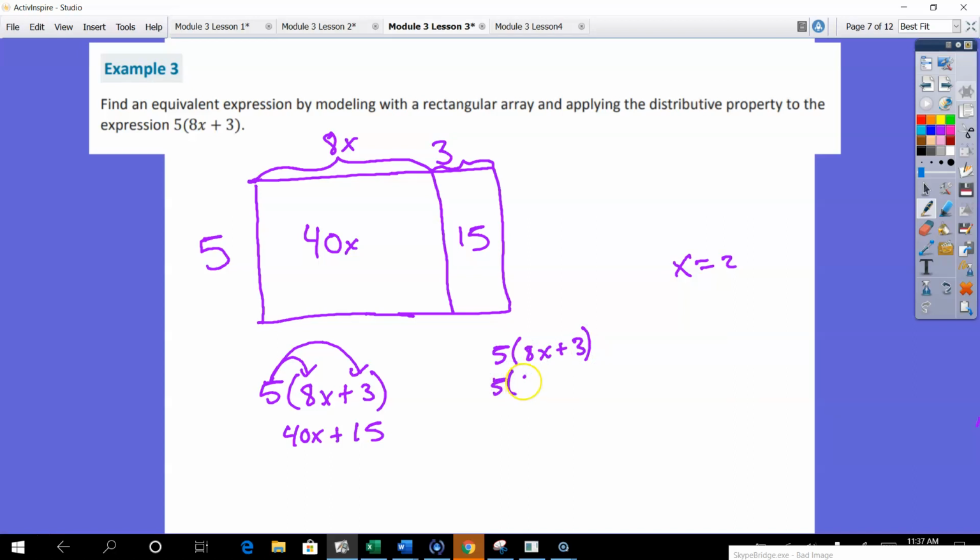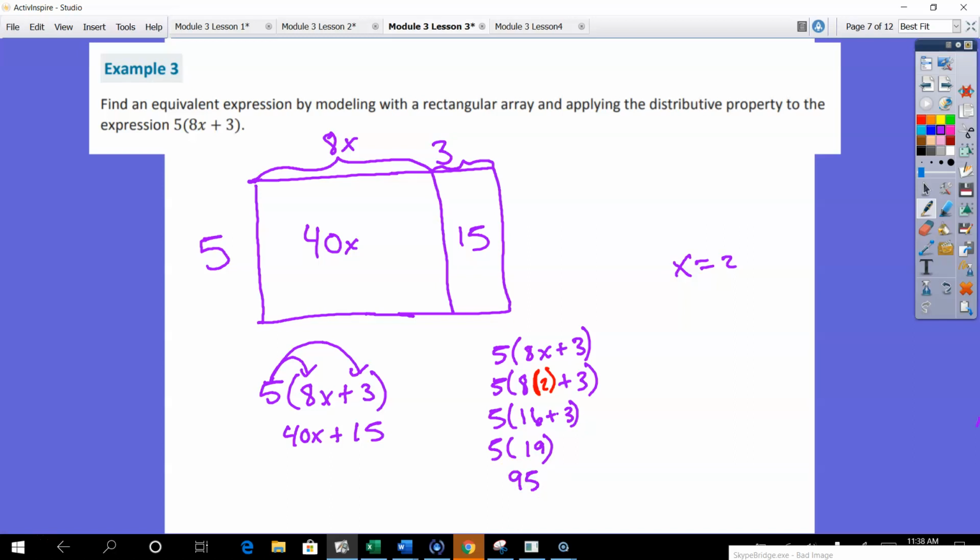Then 5 times 8 times, oops, I wanted to change that color so you can see it, times 2, plugging in for x, plus 3. So then 5, doing the parentheses first, so 8 times 2 is 16, plus 3. And then 5, 16 plus 3 is 19, and then 5 times 19 is 95.